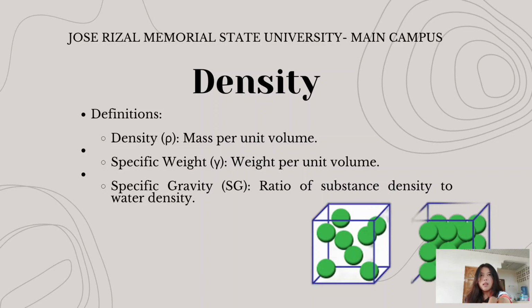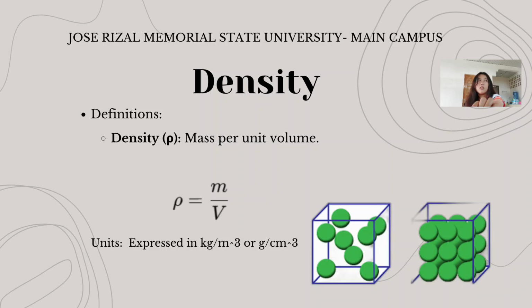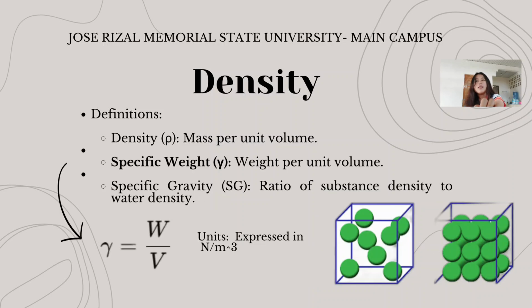Density is mass per unit volume, expressed in kilograms per cubic meter. Weight density is weight per unit volume, measured in Newtons per meter cubed.